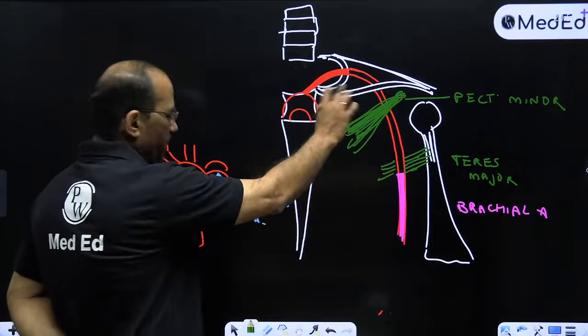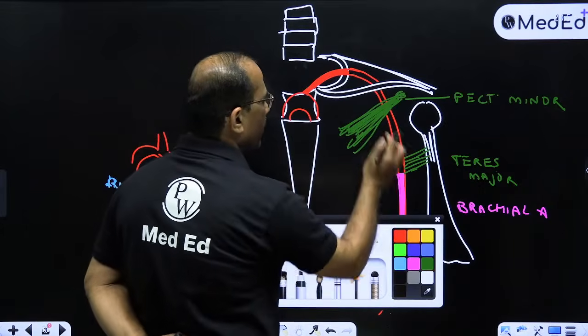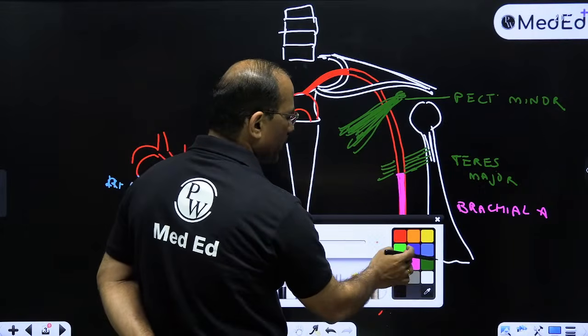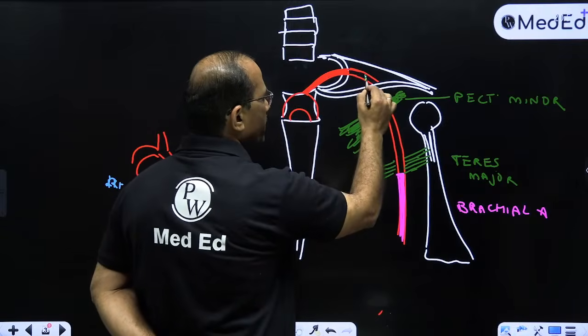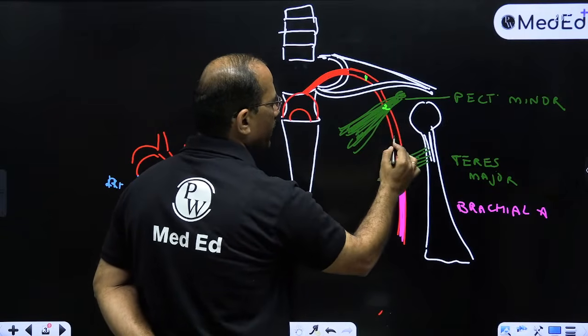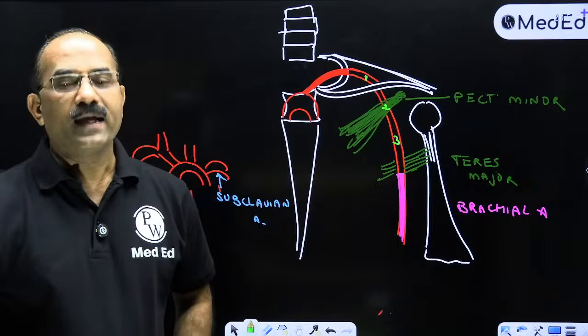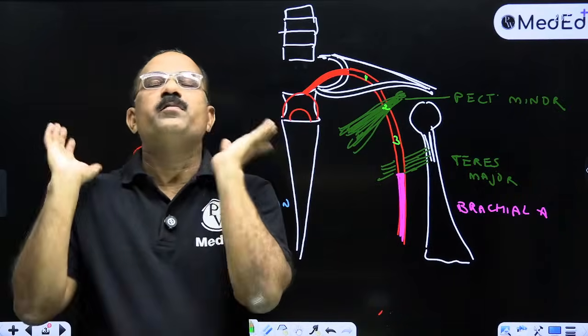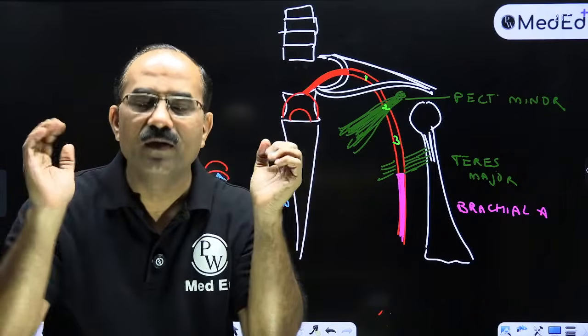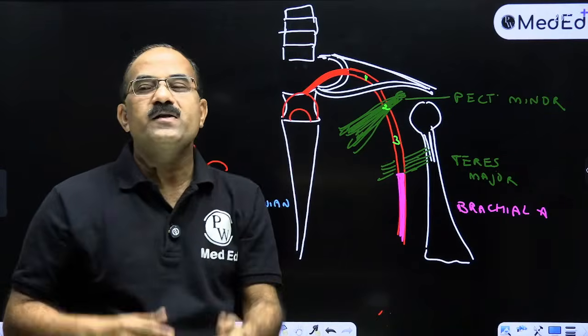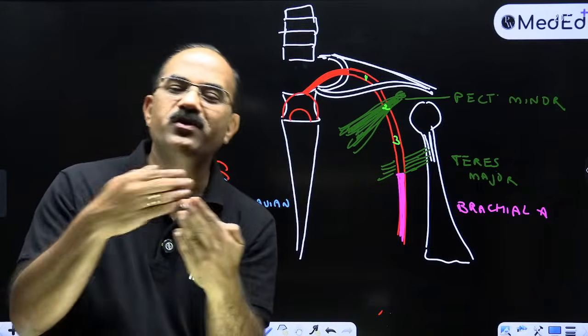This is the first part, यह है second part, and that's a third part of the axillary artery. समझ में आ रहा है बच्चों? Axillary artery के 3 parts कौन बनाता है? Pectoralis minor. Why? Because the artery goes behind the pectoralis minor.